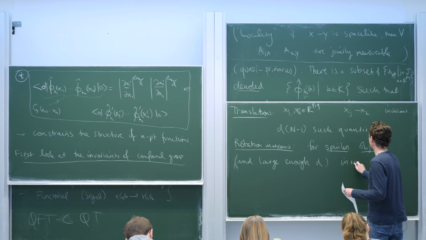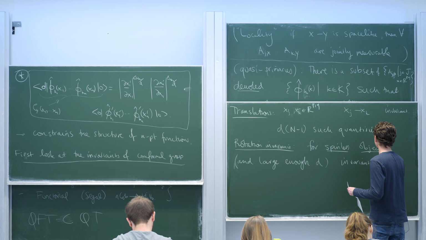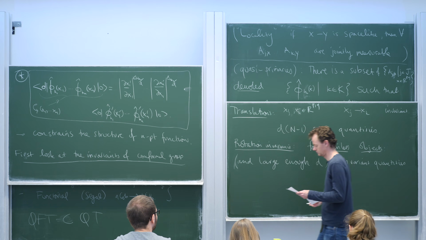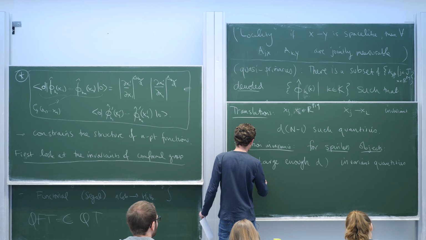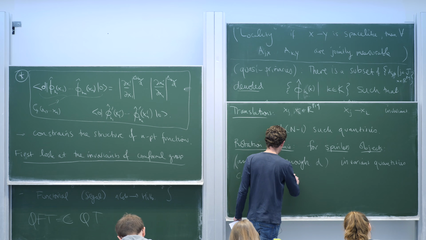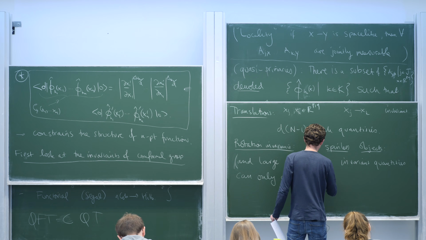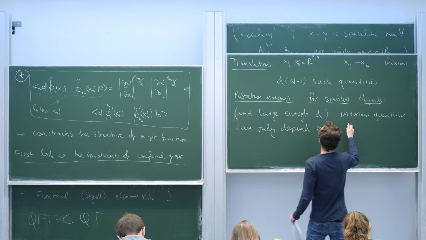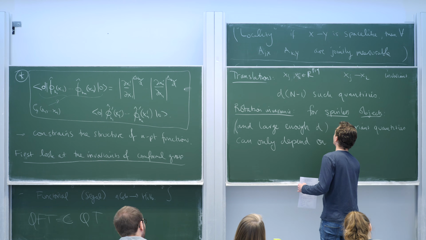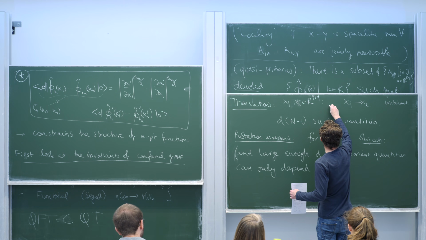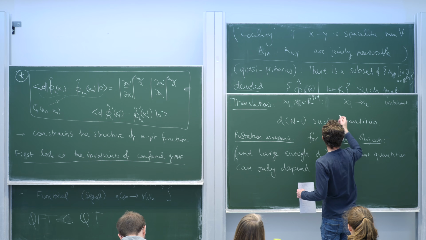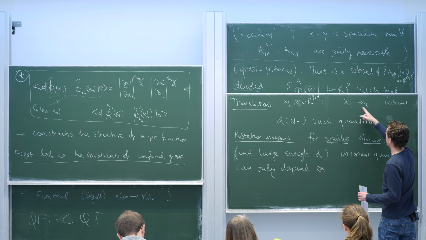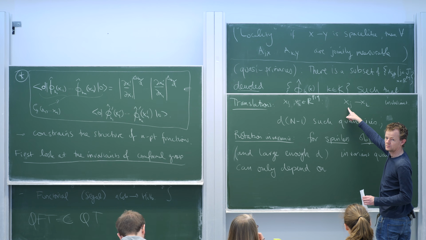Then invariant quantities... So this n refers to the number of these different choices here.